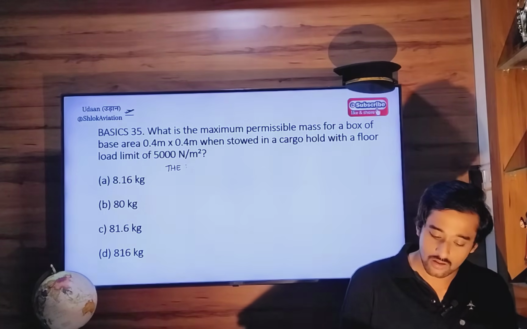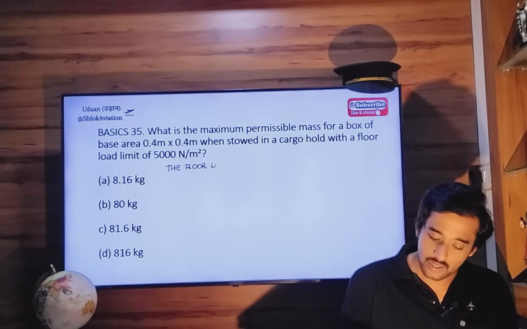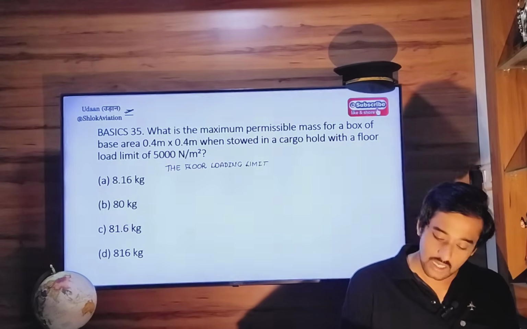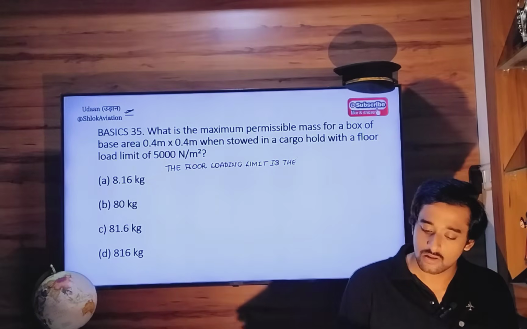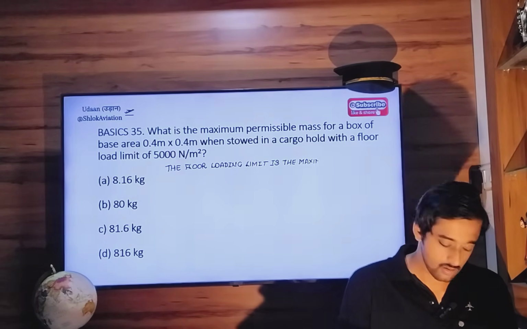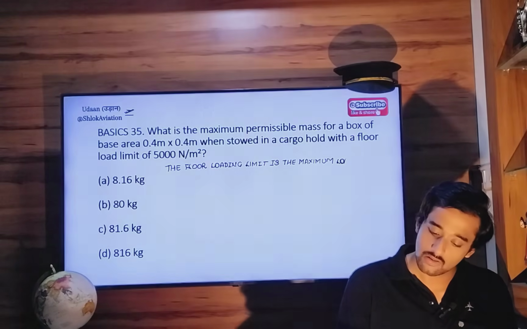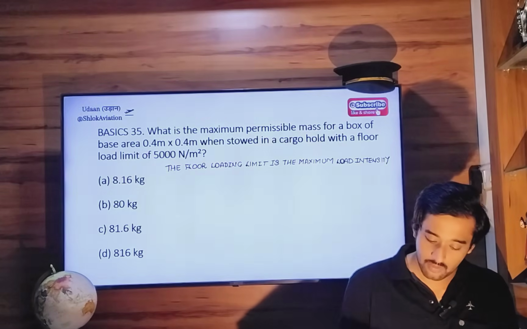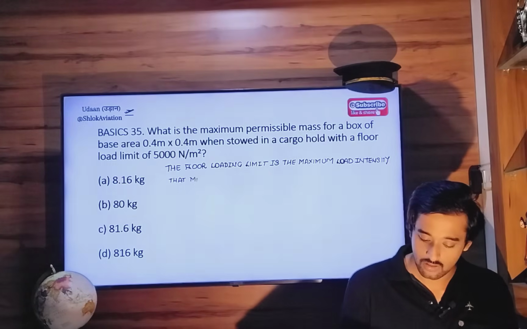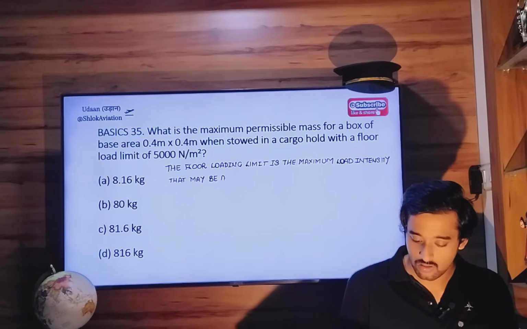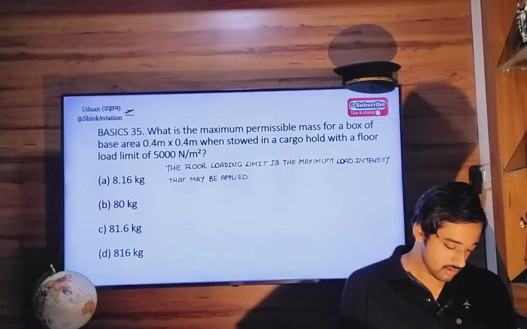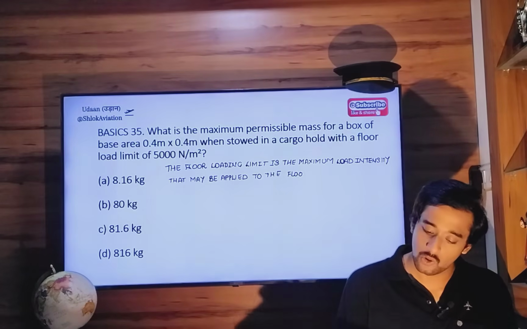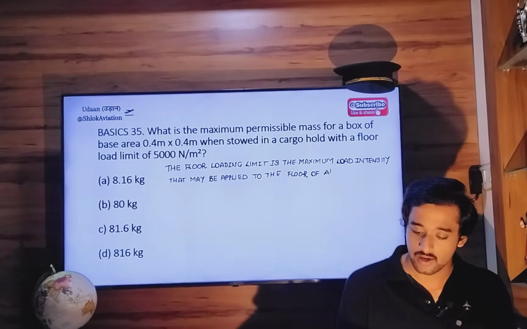The floor loading limit is the maximum load intensity that may be applied to the floor of aircraft. Is the maximum load intensity applied to the floor of aircraft.